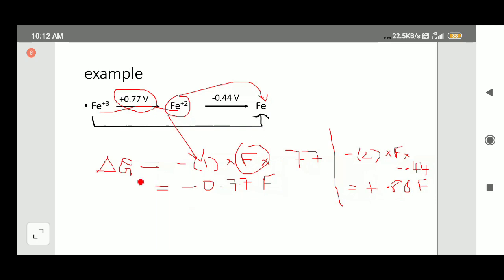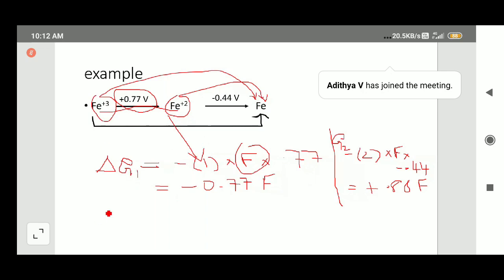So let's say this is delta G1 and this is delta G2. So the sum from this to this conversion, delta G, is given by delta G1 plus delta G2.